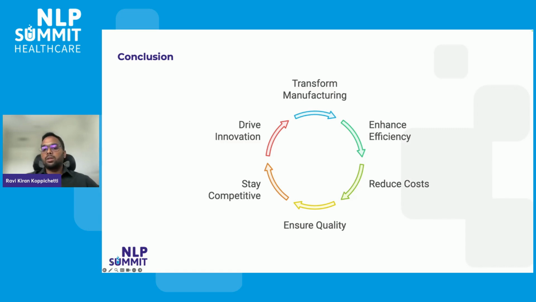Together, these technologies enhance the operational efficiency, lower the costs, and guarantee that every product meets the highest quality standard. They also play a crucial role in maintaining the regulatory compliance and ensuring the patient safety as well, which are non-negotiable in this particular industry.